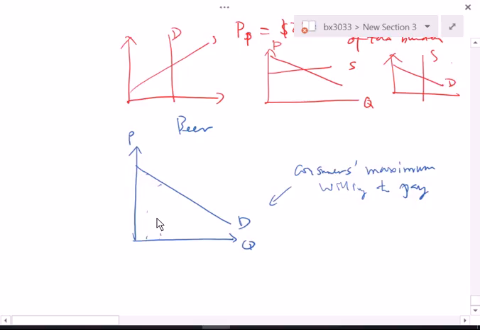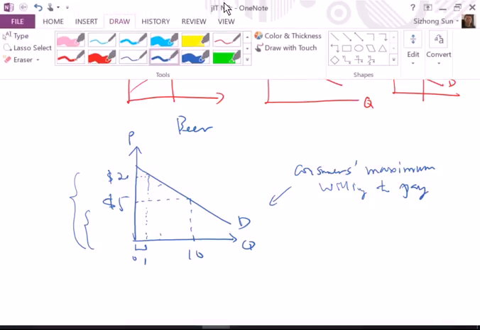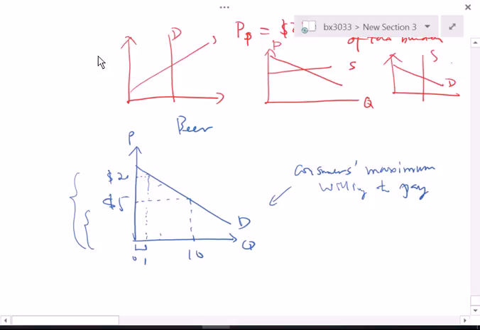Suppose the price of beer is $5 per bottle, and demand is 10. For the first beer, I'm willing to pay $20. I actually pay $5. I'm willing to pay this many, I actually pay this many, so there's a surplus associated with this one.